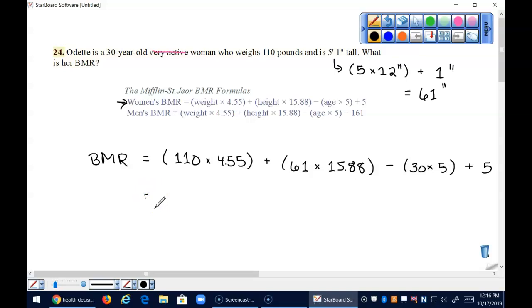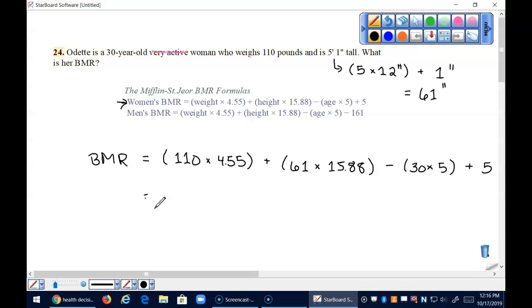now it's just time for the calculator to earn itself. All these parentheses I don't actually need. The multiplication is going to happen before the addition and subtraction, just because of order of operations. So I don't have to put them into the calculator.